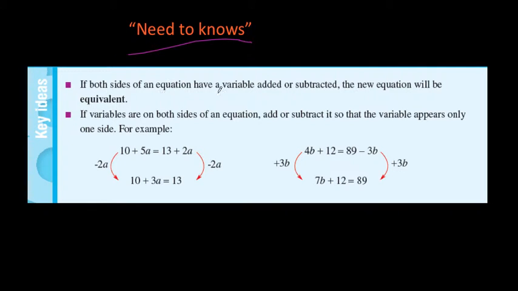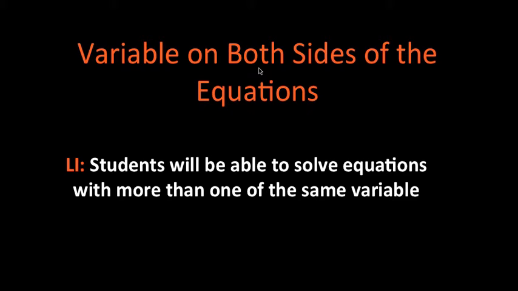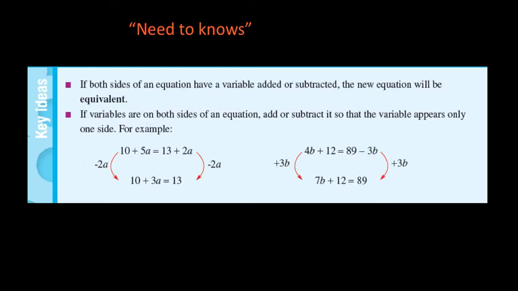If both sides of an equation have a variable, for example, x, y, t, a particular type of pronumeral, added or subtracted, the new equation will be equivalent. Important to know.